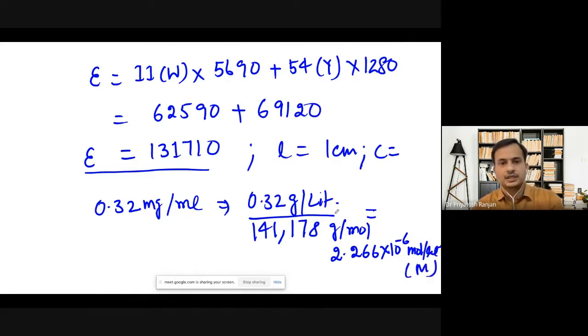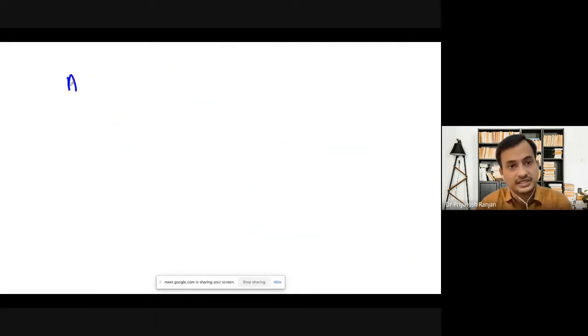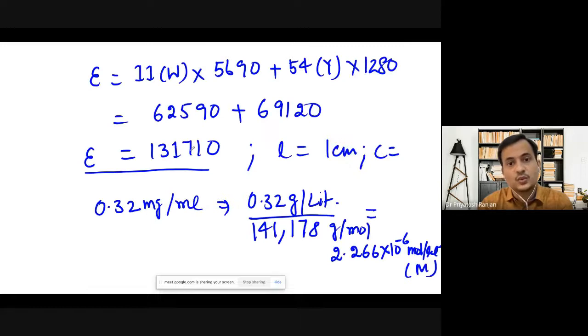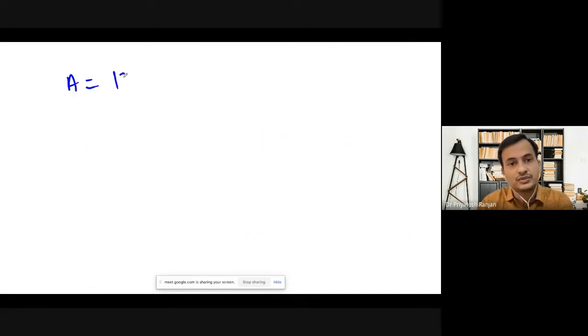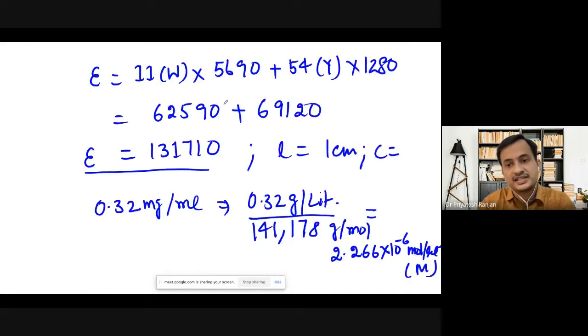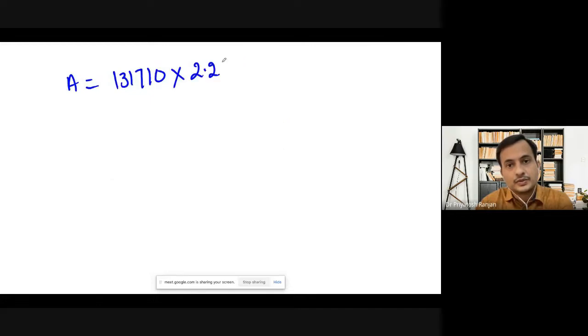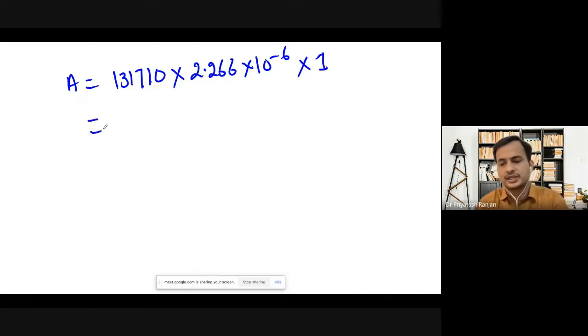Fine. So we have calculated epsilon, which is 131710. We have calculated concentration, which is 2.266 into 10 raised to the minus 6, and path length, which is 1. So what is the absorbance going to be?